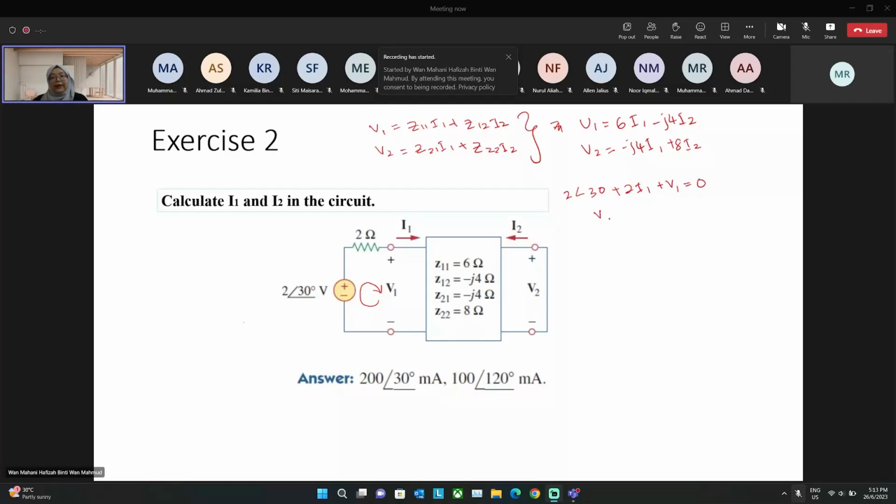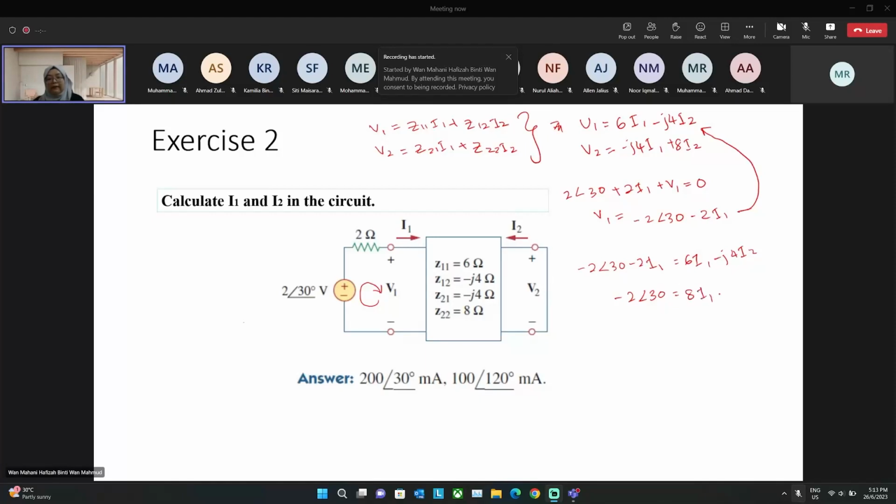So daripada sini we can rearrange. We can get V1 equals to negative 2 angle 30 minus 2I1. So this is V1. Then you substitute masuklah dalam the first equation tadi. So negative 2 angle 30 minus 2I1 equals to 6I1 minus J4 I2. Simplify equations. Negative 2 angle 30. 6 tambah dengan 2. 1 ni bawa ke sebelah kanan.